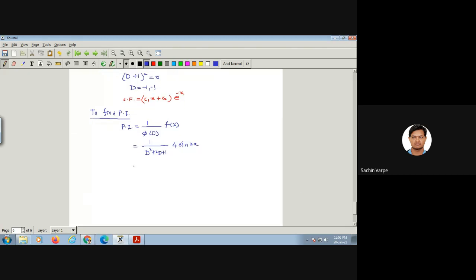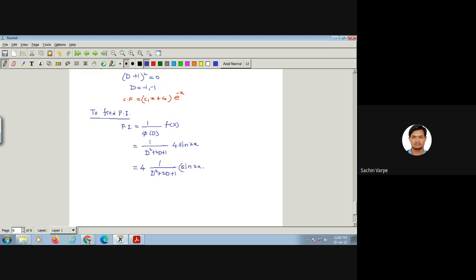So we take 4 outside because that is constant. Constant को हम इंटीग्रेशन के बाहर लेते हैं, तो as 1 upon phi of D is integrating operator, I can write outside 1 upon. हाँ, लेकिन फंक्शन को आप बाहर नहीं ले सकते. अगर बाहर लेना है तो फंक्शन में चेंज होगा. ठीक है. So 4 outside and D square plus 2D plus 1, that is operated on sine 2x.